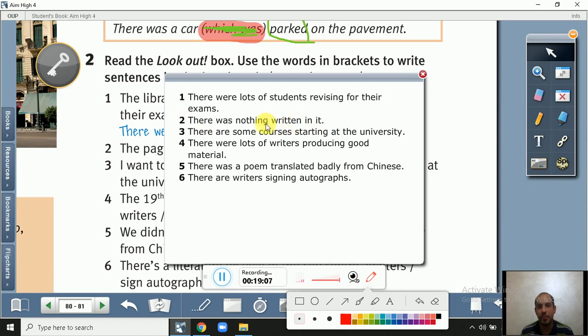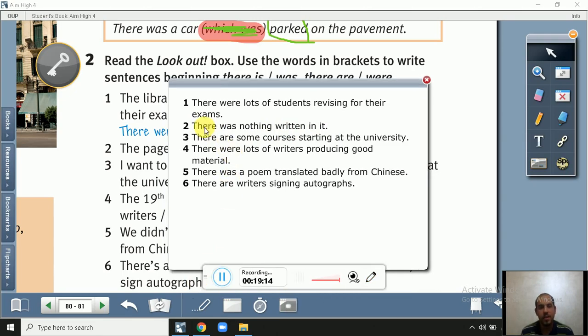So we have reduced this sentence because there was nothing that was written in it. We deleted that because we have the past participle. So this is a present participle example, and this is a past participle example.